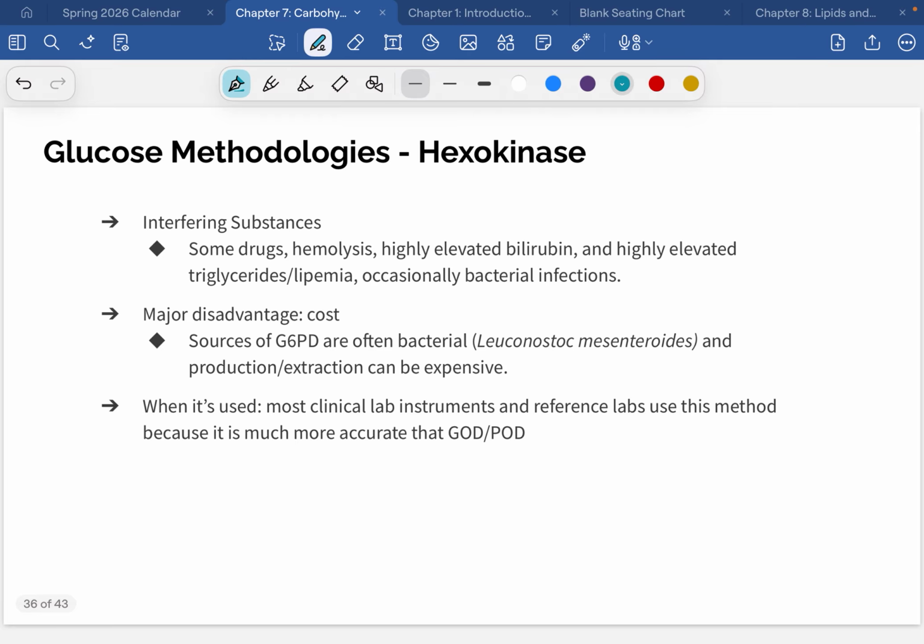Okay. So there are some interfering substances, and the interfering substances here are mostly things that interfere with a spectrophotometer.